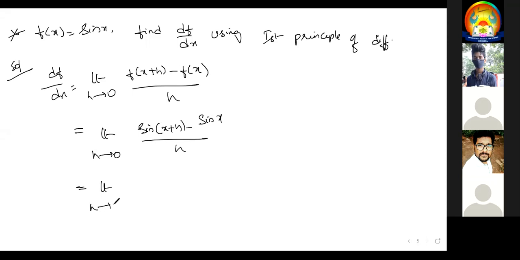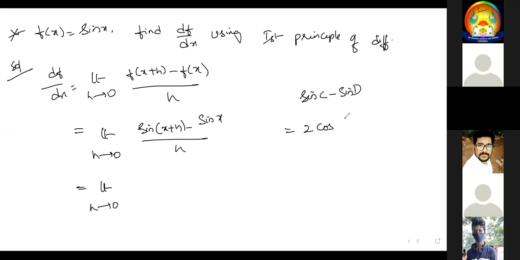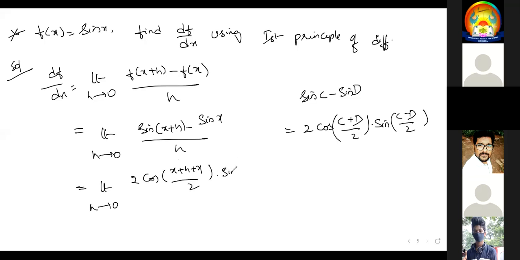How does it look? Sin c minus sin d. You know, in trigonometry I did: sin c minus sin d is 2 cos c plus d by 2 into sin c minus d by 2. That is 2 cos x plus h plus x by 2 into sin x plus h minus x by 2, by h. So the last step, this is the formula we used.